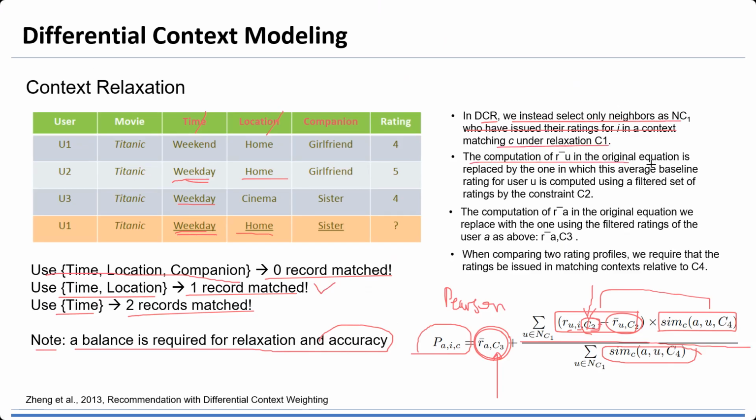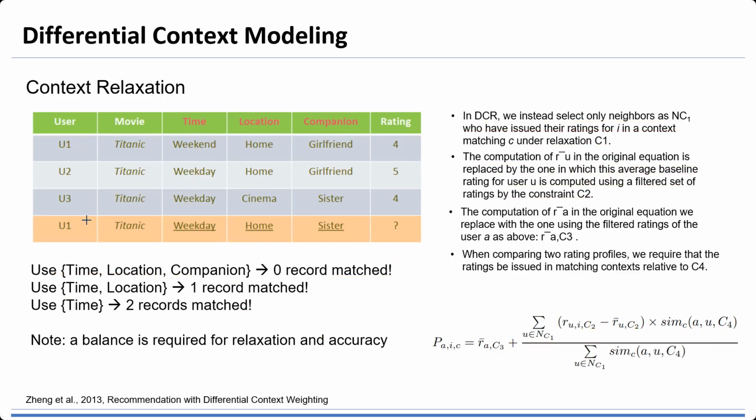We have the computation of R bar, which means the average of the rating. The computation of average rating of U in the original equation is replaced by one in which this average baseline rating for user U is computed using a filtered set of ratings by the constraint. So for example, I want to know the average rating of user 1 on the particular time and location.